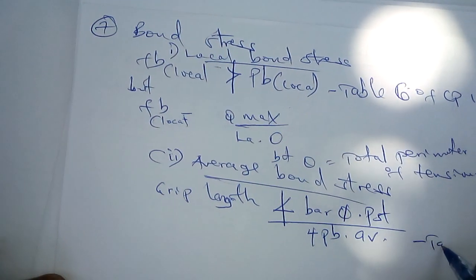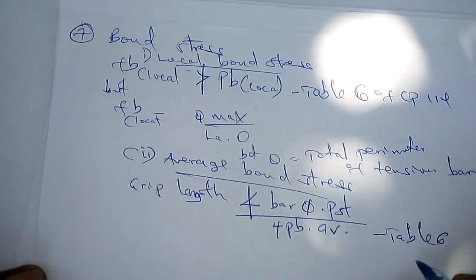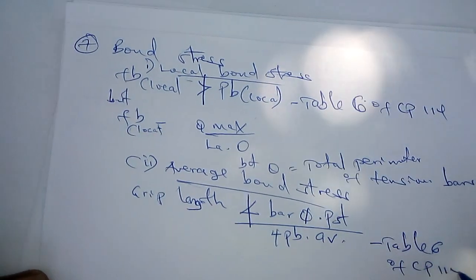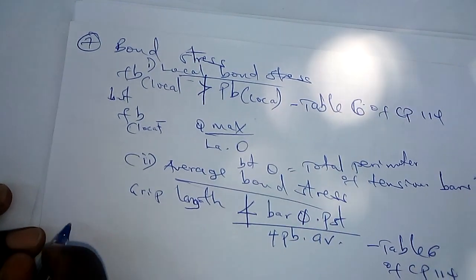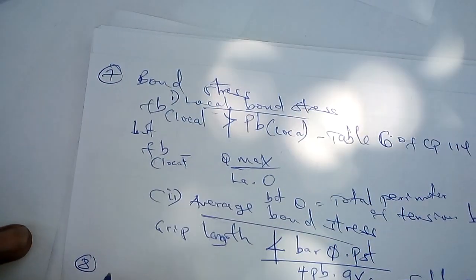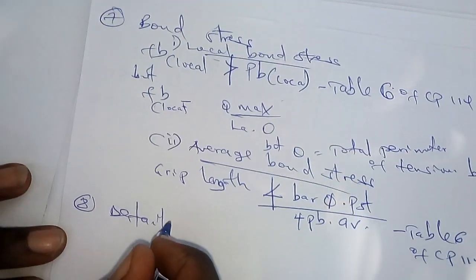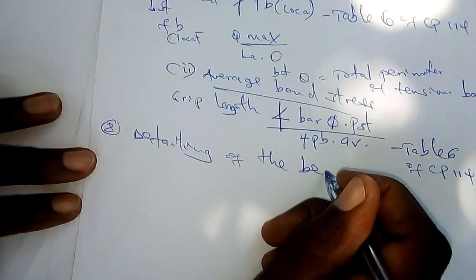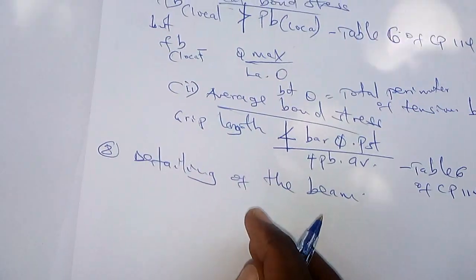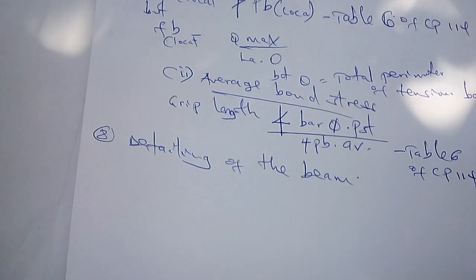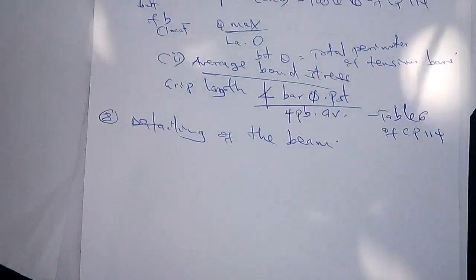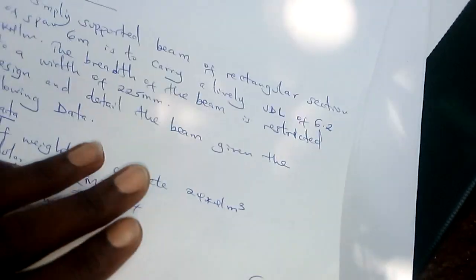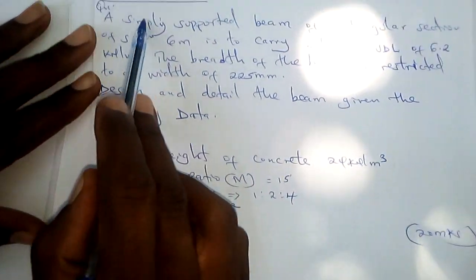This is still from table 6 of CP114. Then lastly, the last procedure is detailing of the beam. Good. We have the detailing of the beam. Now, for instance, let us use a question here. We have a question here.